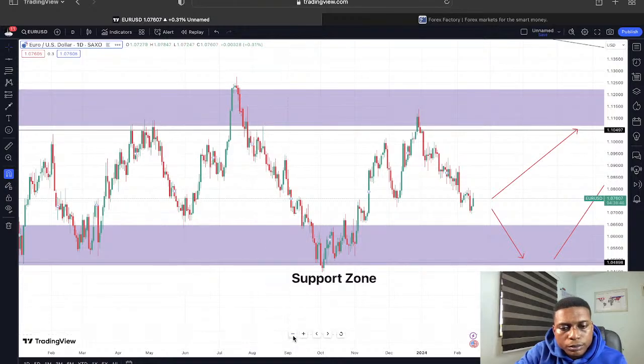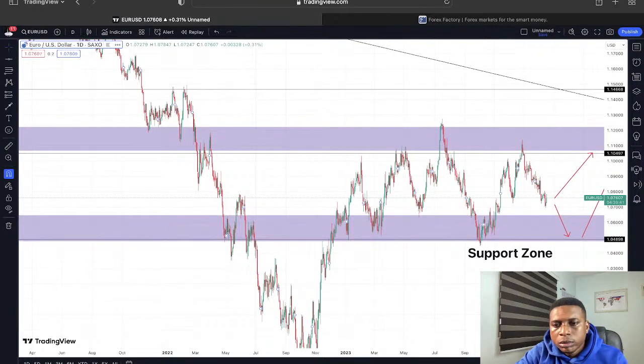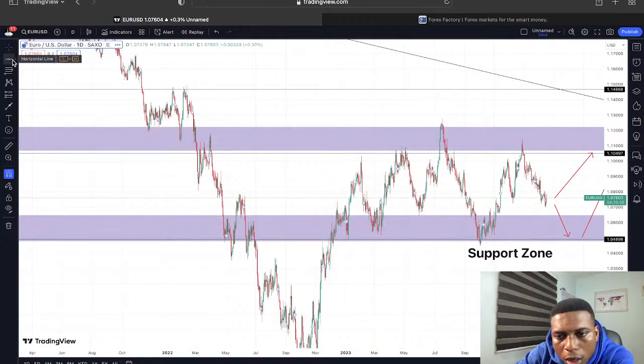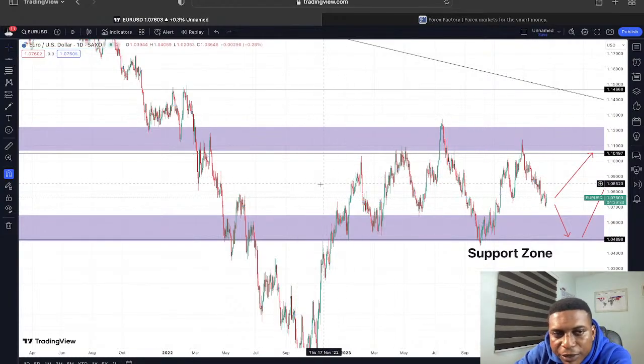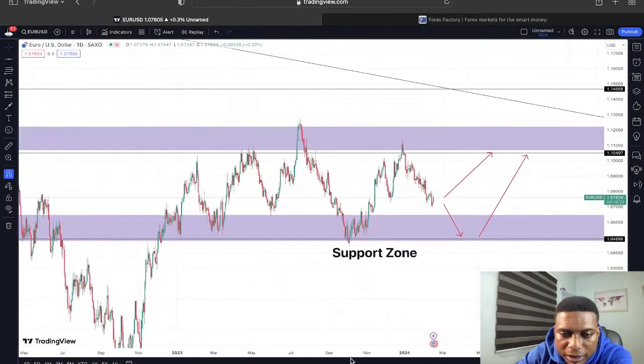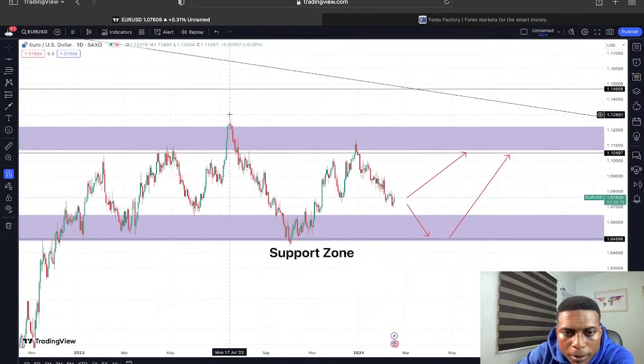So now we can see that on the daily time frame, price is creating that wave-like movement, that wave-like pattern. You can see it here.